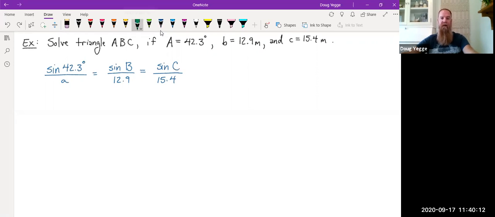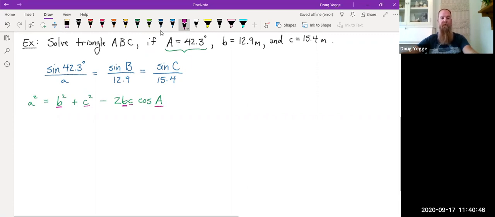So what we need to do instead is recognize that because we're given angle A, we're going to start with the formula for the law of cosines that starts with A squared, which equals B squared plus C squared minus 2 times BC cosine of angle A. And notice why this is beneficial, because we know what side B is, we know what side C is, and we know what angle A is.